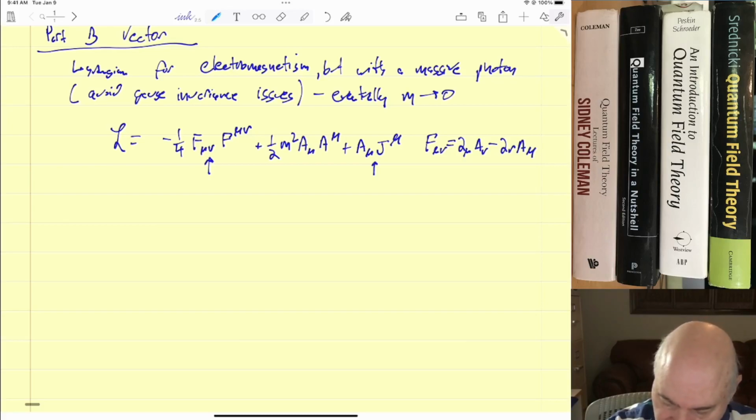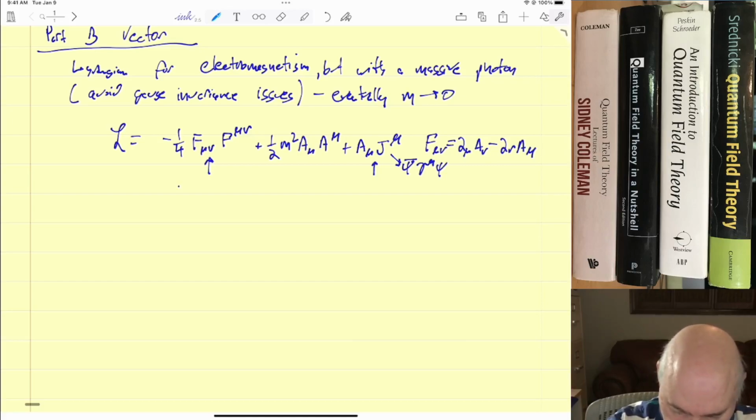And if we were doing some kind of spinor theory, we might have something like psi bar gamma^mu psi as our source term. But we're not really interested in worrying about what our charged particles are, and they may even apply to scalar charged particles. So let's not worry about spinors for now.